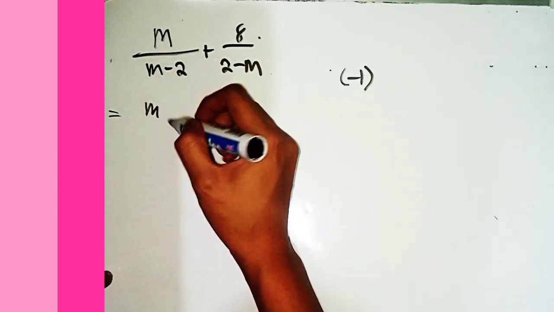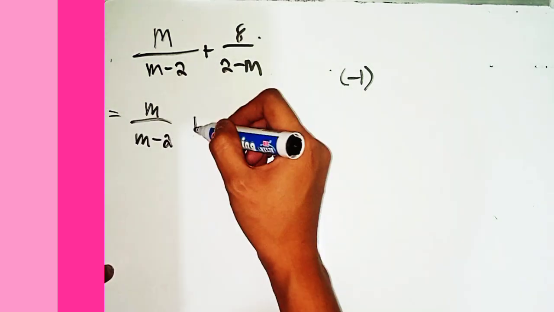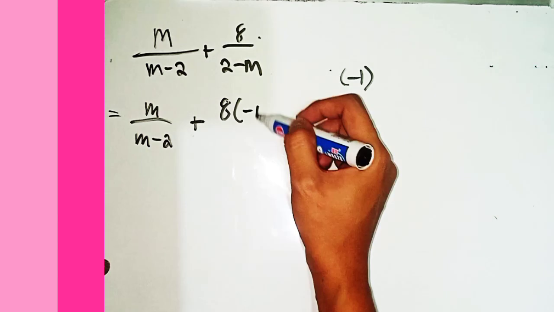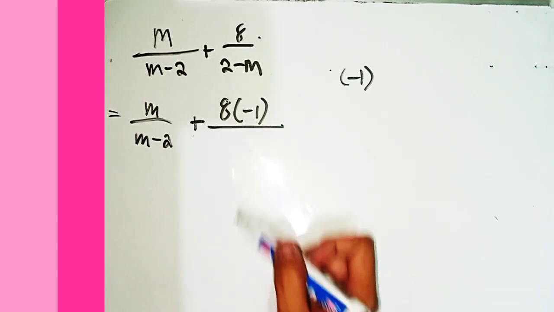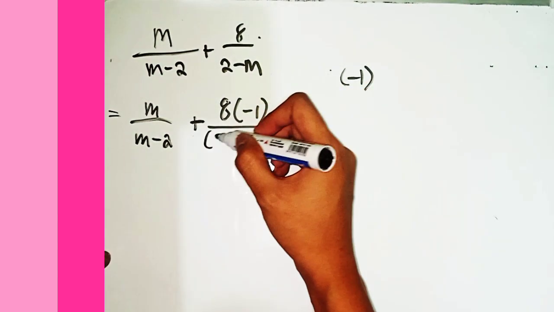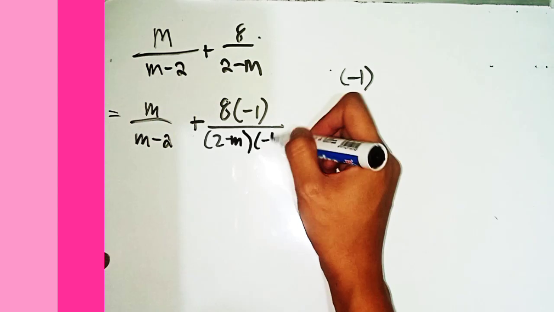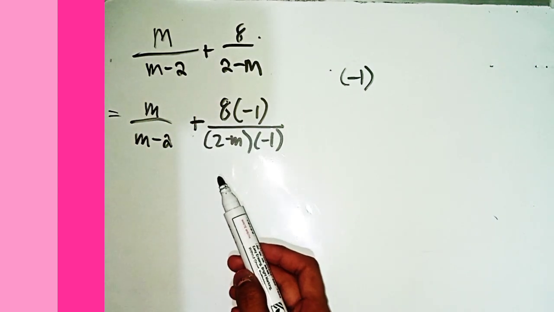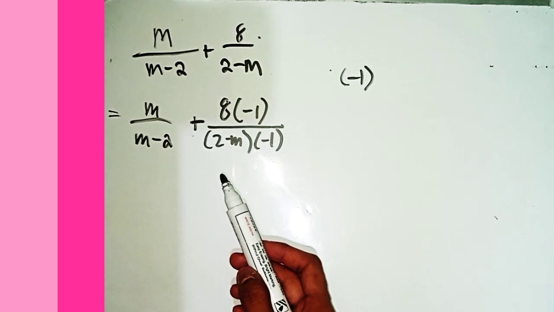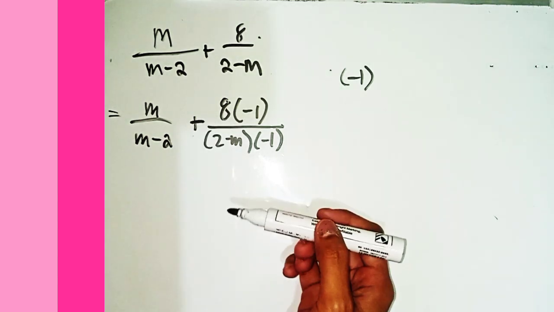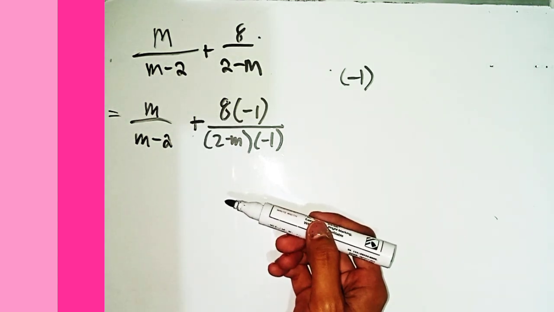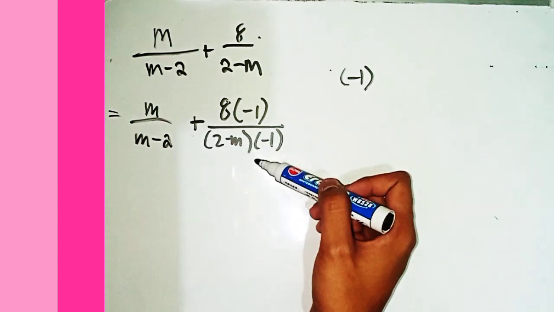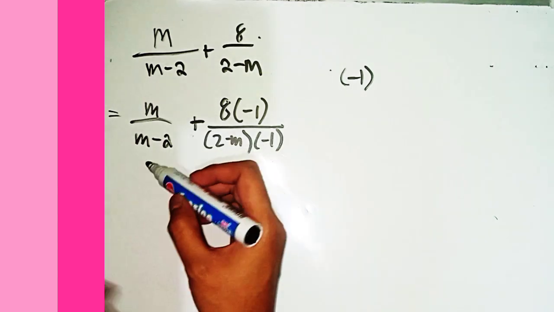So we have m all over m minus 2 plus 8 multiplied by negative 1 all over 2 minus m multiplied by negative 1. That is because if we distribute negative 1 to 2, that would be negative 2, and negative 1 to negative m, that would make the m positive. So we can get their LCD by doing that.